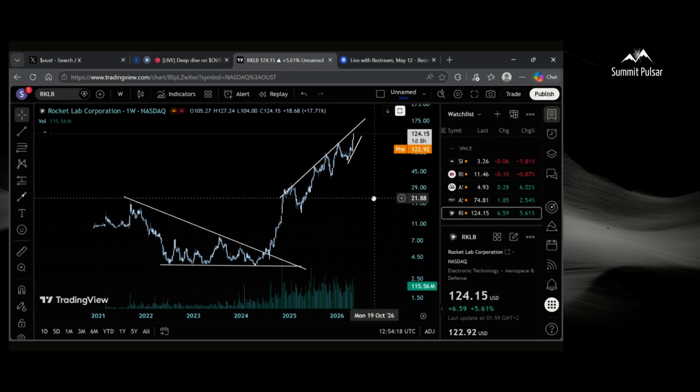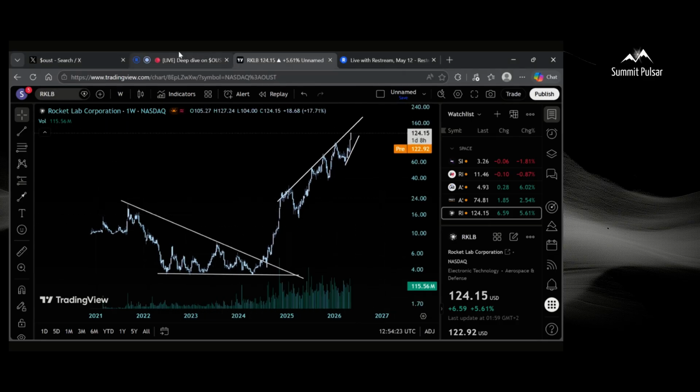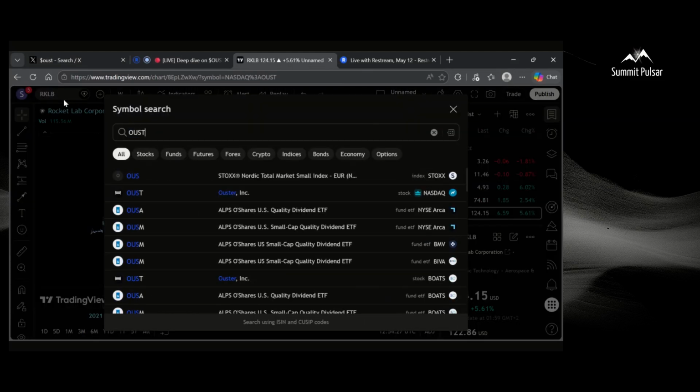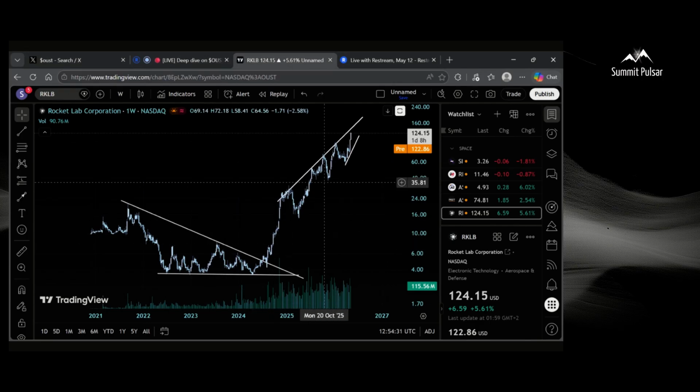So the CEO is a genius in my opinion. Rocket Lab is a different beast than every other company that I know. So I already knew that at $4. Ouster is not the same kind of play, definitely not the same.